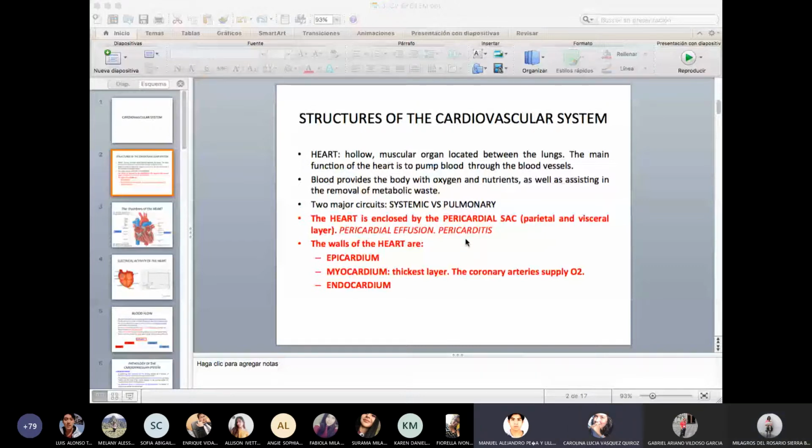Systemic circulation carries the arterial blood. Okay, very good. And the venous blood is carried by the pulmonary circulation.